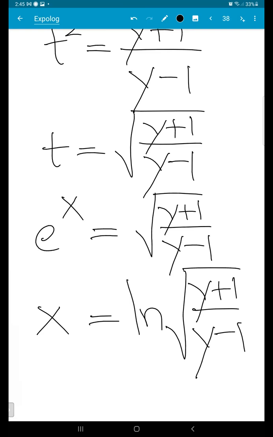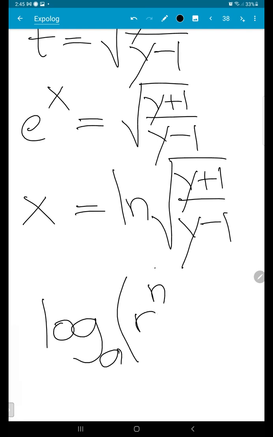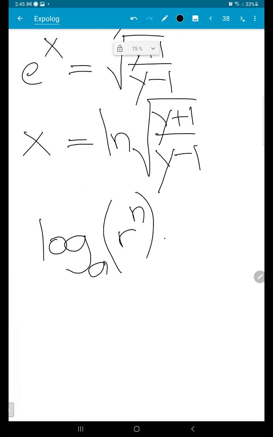But actually, you can use one of the properties of logarithms to get rid of our radical expression there, as I shall show. I thought I would discuss the properties next. We have this property of logarithms, that the logarithm base a of r to the n is the same as n times the logarithm of r base a.